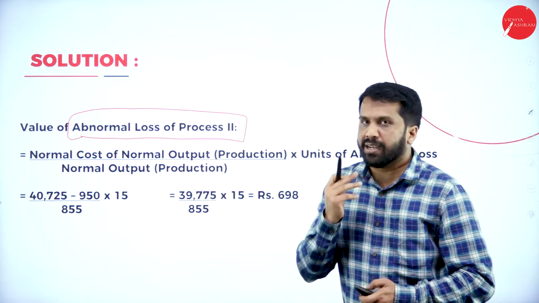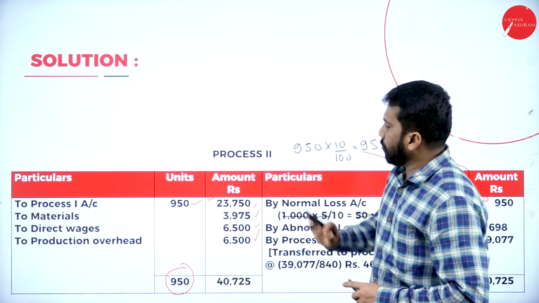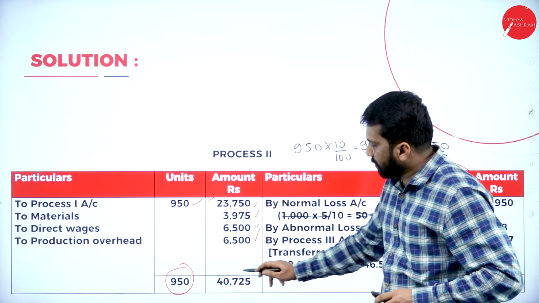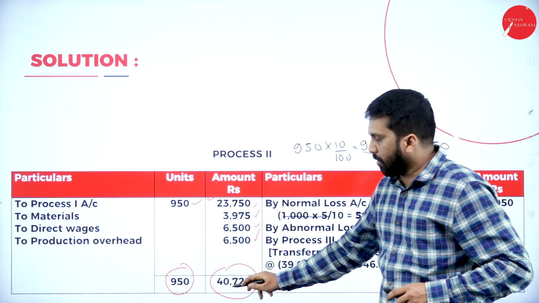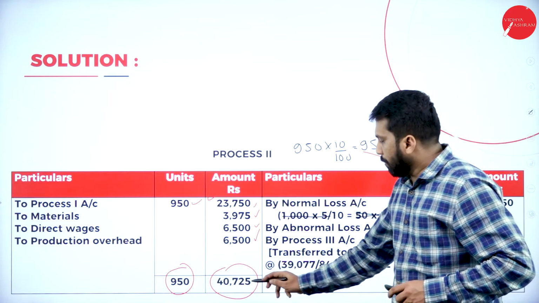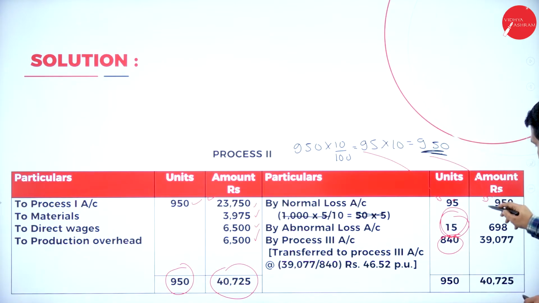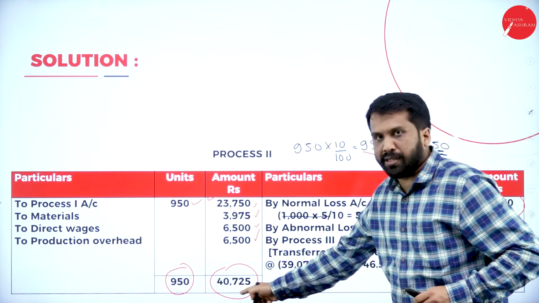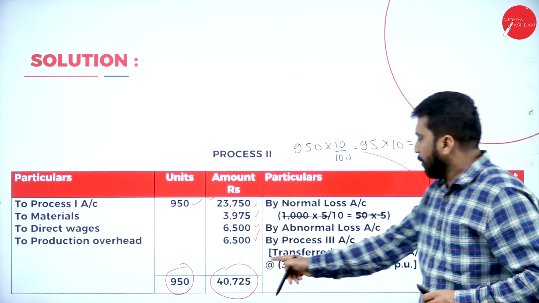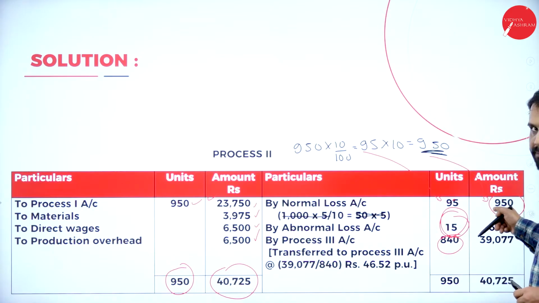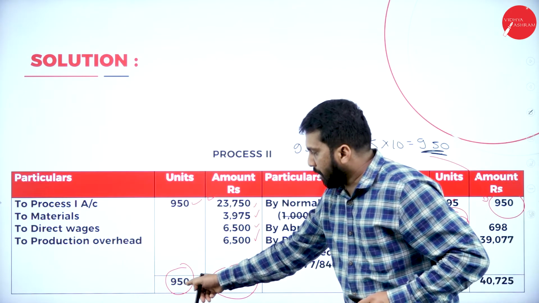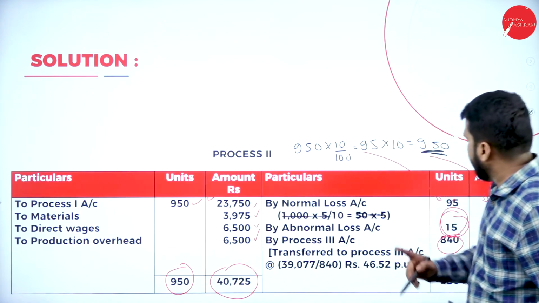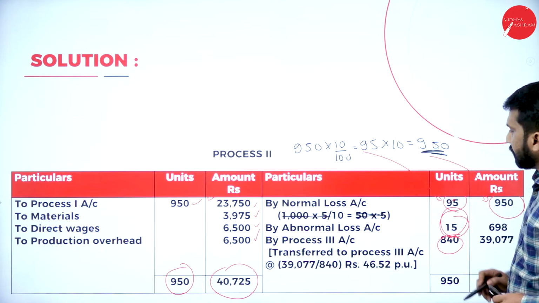What is this? Under process 2, add all expenses. How much is it? 40,725 minus 950. Clear? From the total 950 minus 95.